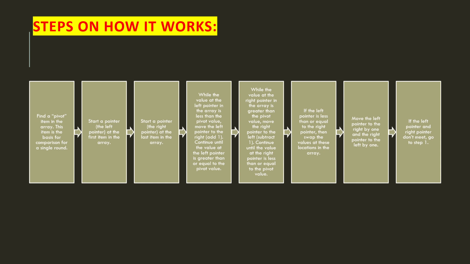So we adjust 1 step from the left and 1 step from the right. And next, if the left pointer and the right pointer don't meet, go back to step 1. So if the right pointer and left pointer have still not met, then you go back to step 1.